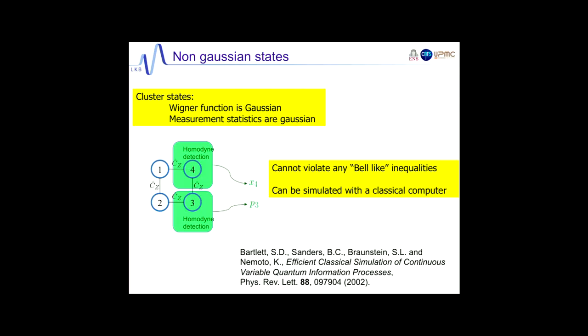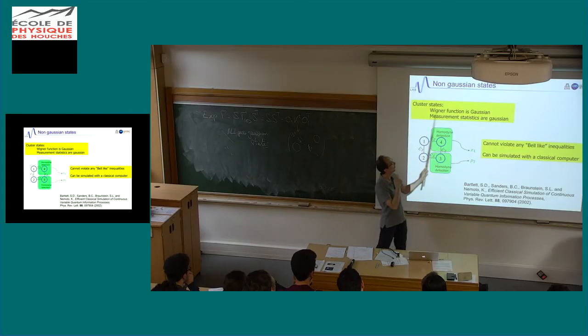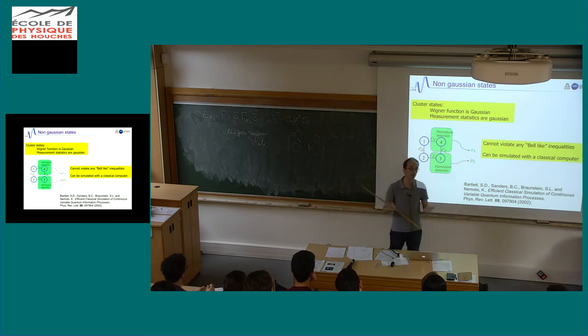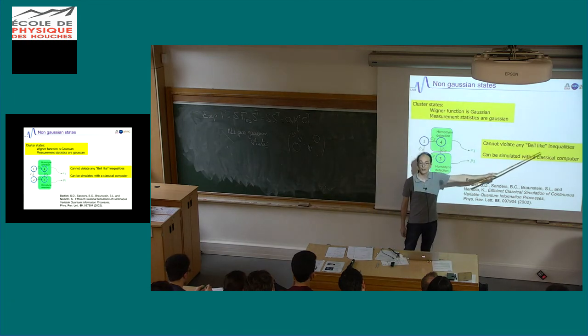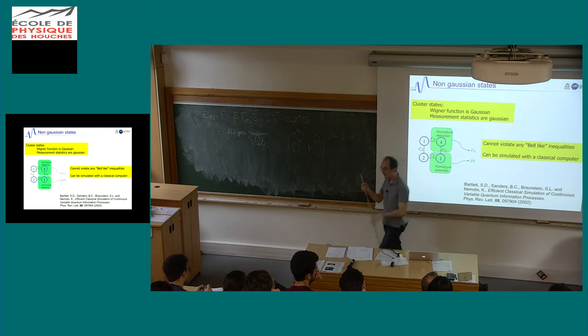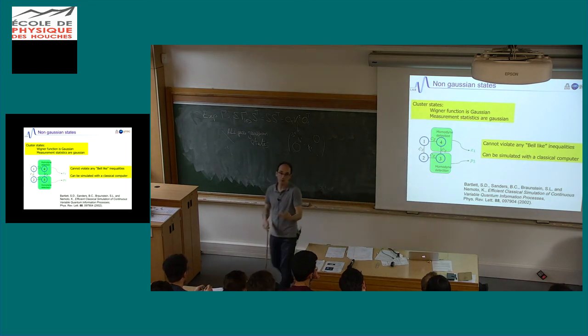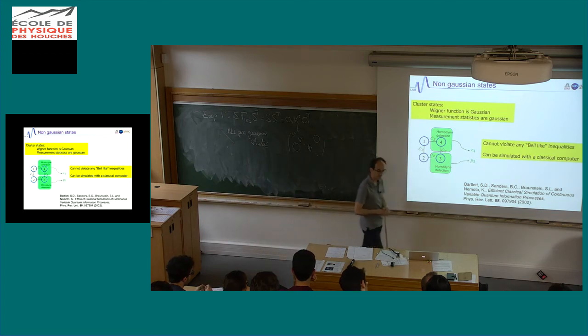There's another way to see it, which I usually like, which is that your Wigner function being positive is like a probability distribution. So it is like your hidden variable properties in the Bell inequalities. Which means that with Gaussian states, in no way can you violate Bell inequalities. Okay? So it's not the same kind of statistics that you will get from a Bell state, and that prevents you from doing quantum computing.